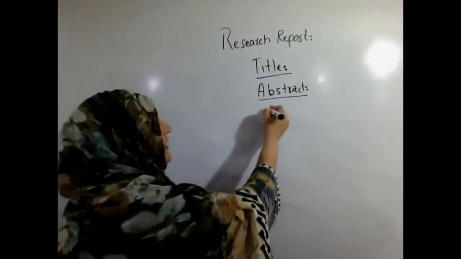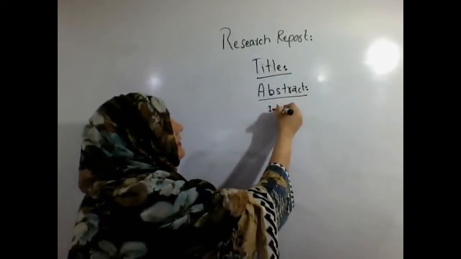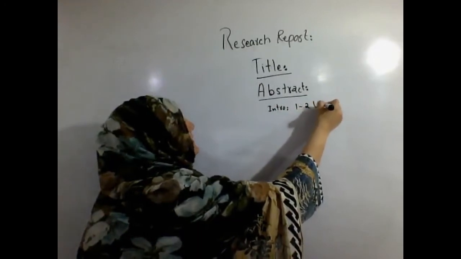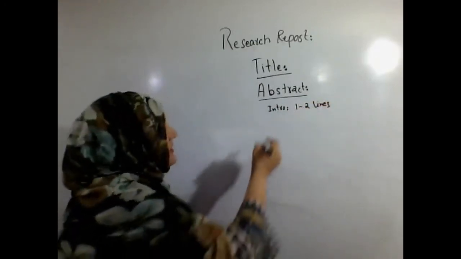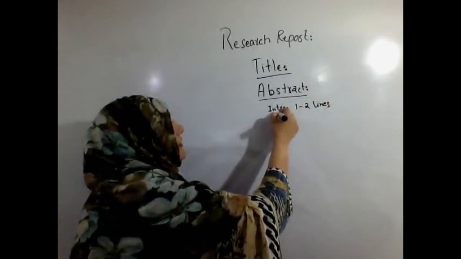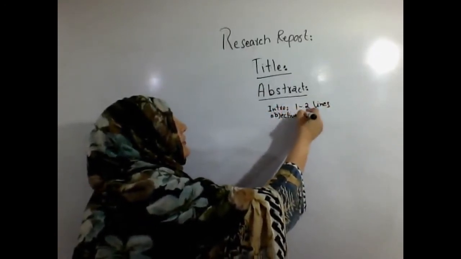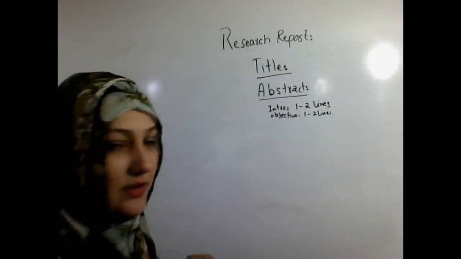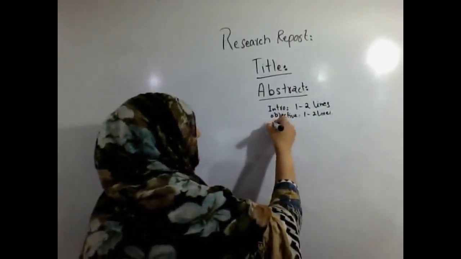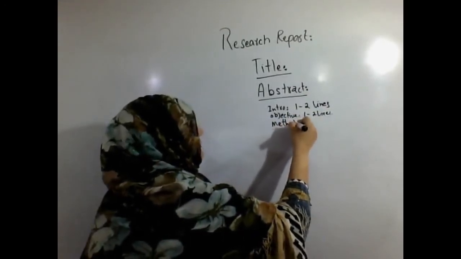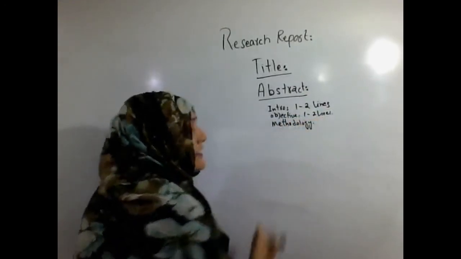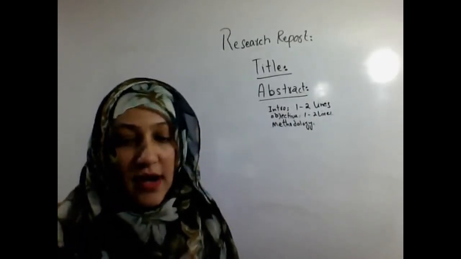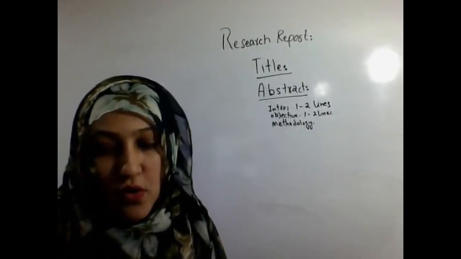First, 1 to 2 lines about the introduction. Then you write your objectives in 1 to 2 lines, the plan of your research. Then you present the methodology which you have adopted for your research.